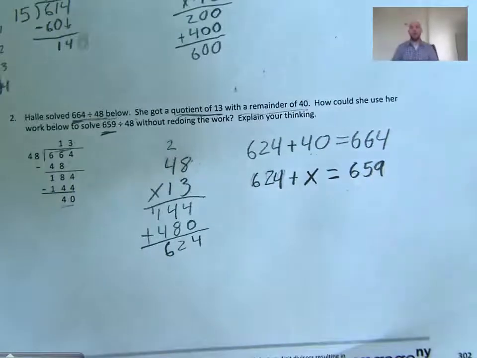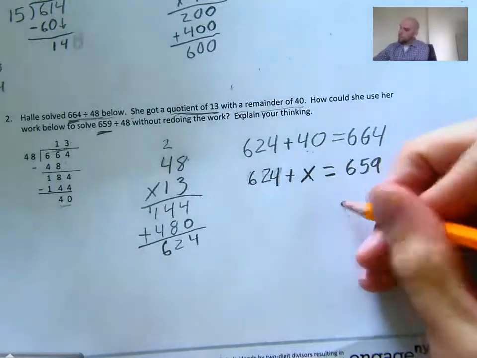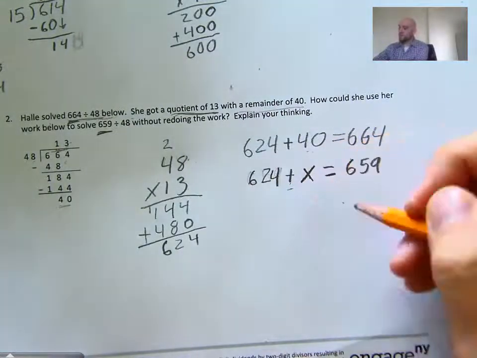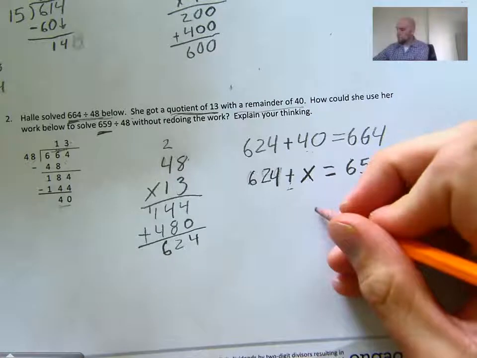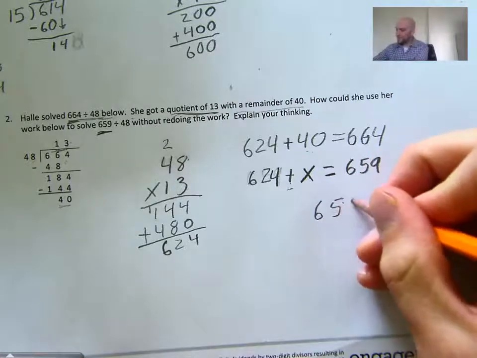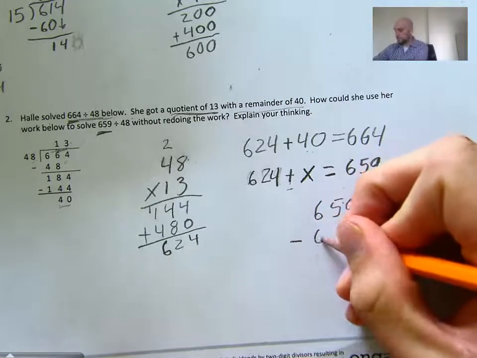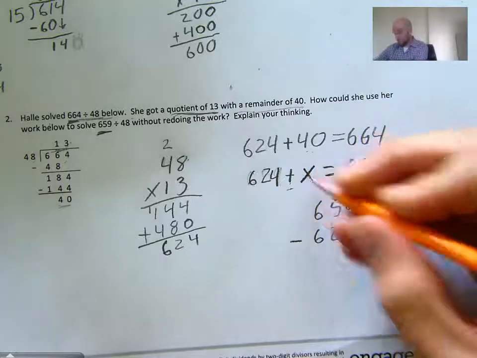So how can we figure out what x is? Well, the inverse of addition is subtraction. So we'll do 659 minus 624, and we can find x.